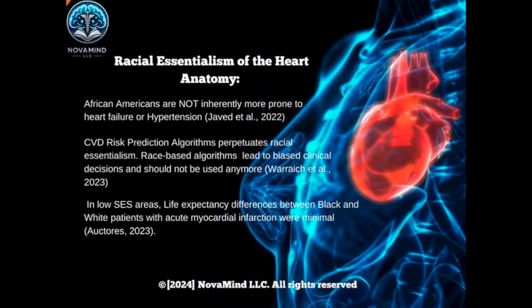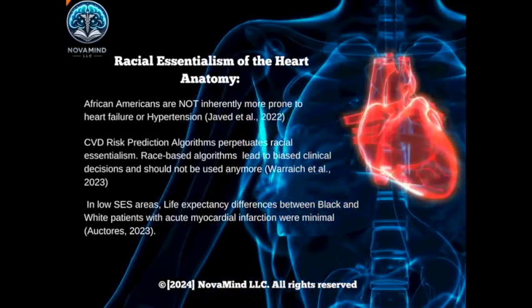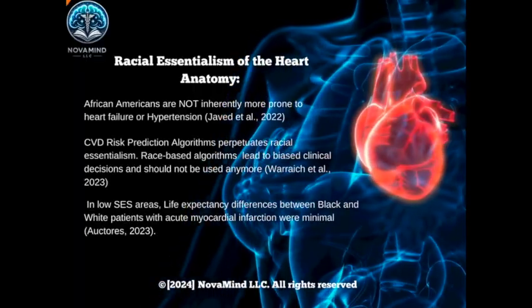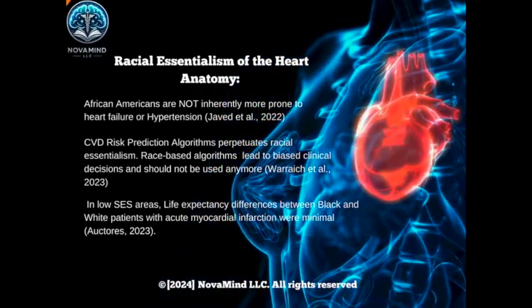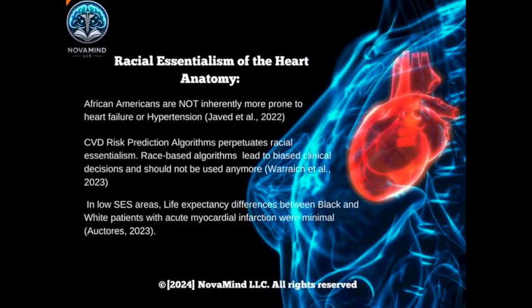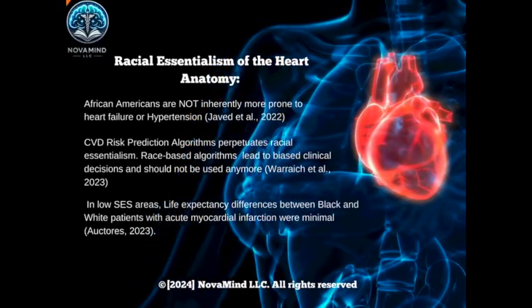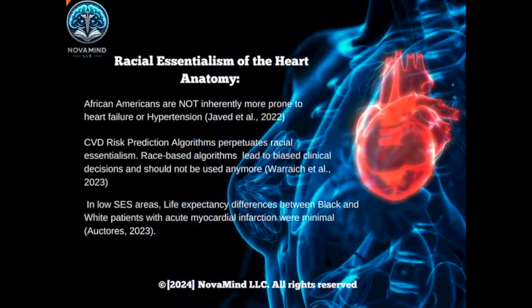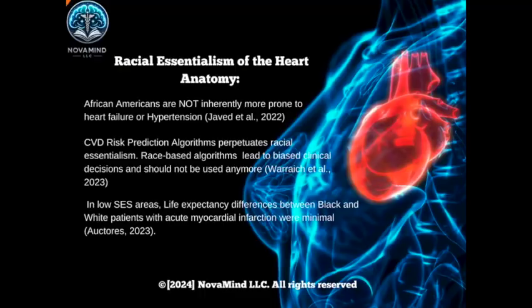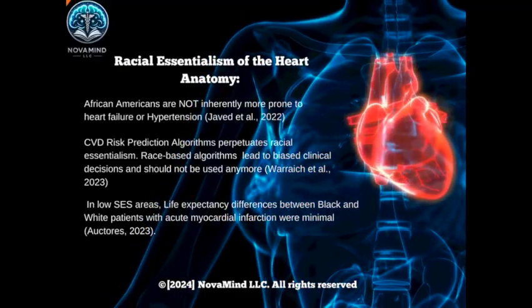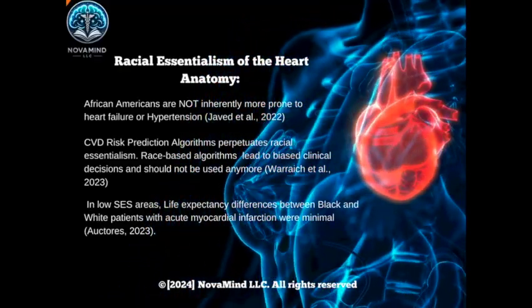Finally, socioeconomic status is a major determinant of cardiovascular outcomes, always more significant than race itself. Research shows that differences in heart disease outcomes between Black and white patients are largely attributed to socioeconomic status, which is the SES, rather than racial differences.